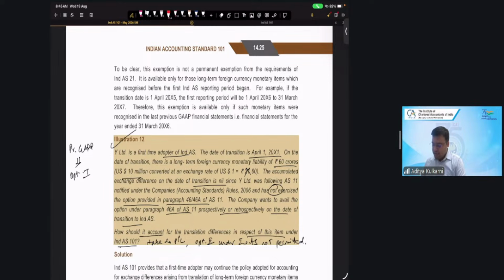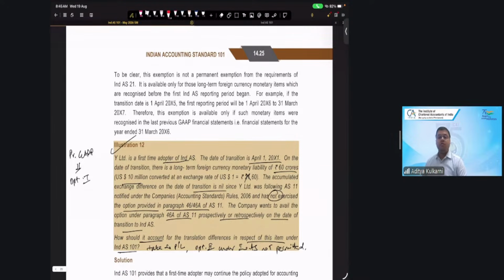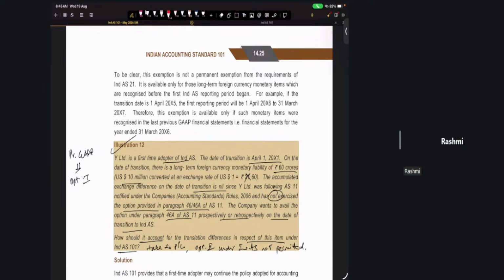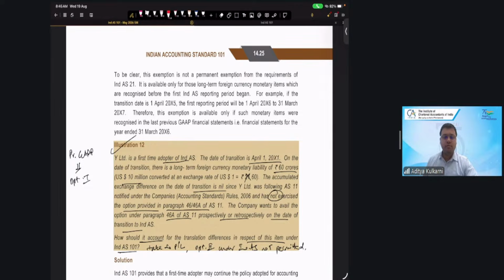The accumulated exchange difference on the date of transition is 0. Y Limited was following AS11 notified and has not exercised the option provided in para 46 and 46A. Tell me, previous GAAP, which option? AS11. That means option 1 or option 2? Option 1. Okay.